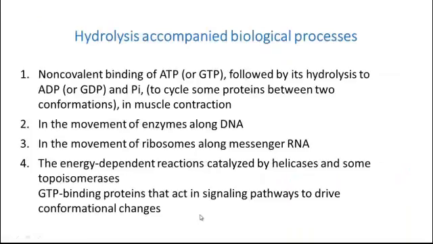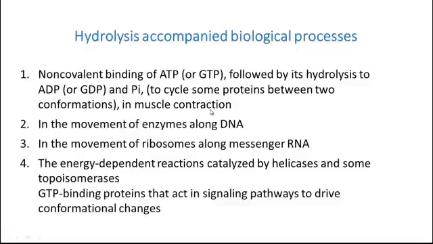There are some biological reactions which take energy by the hydrolysis of ATP. These include the non-covalent binding of ATP or other nucleotides like GTP, followed by hydrolysis causing the release of ADP or GDP and a phosphoryl group. Examples of this kind of reaction are muscle contraction or cycling of proteins between two different conformations.